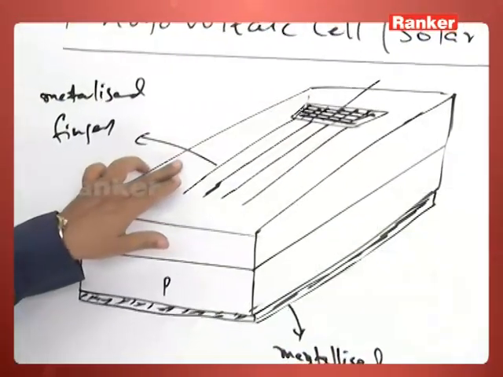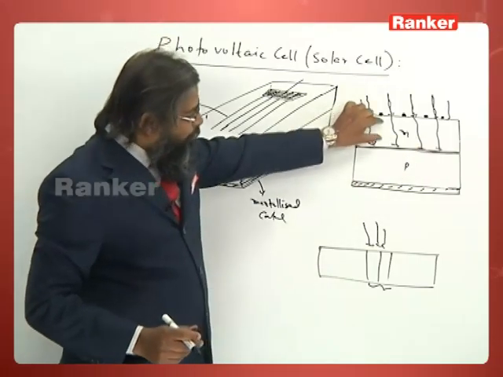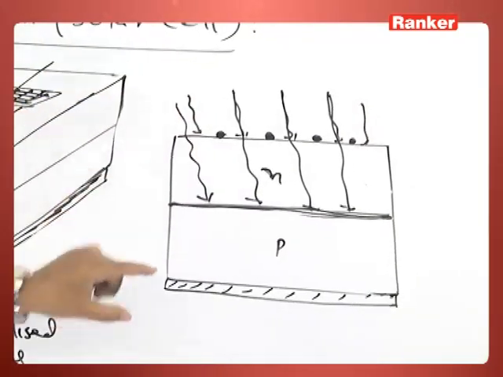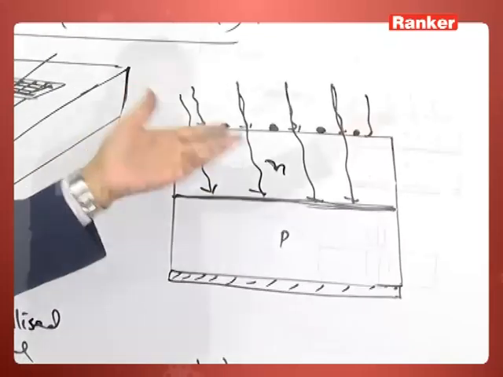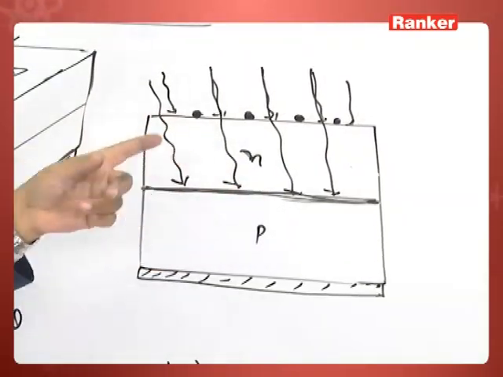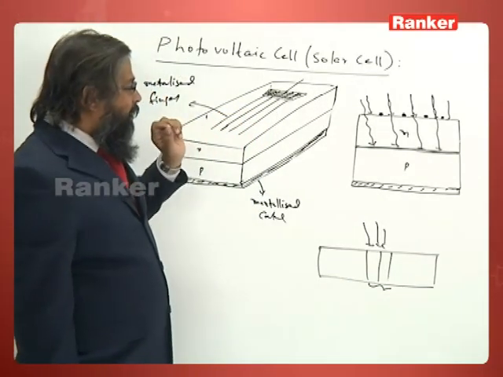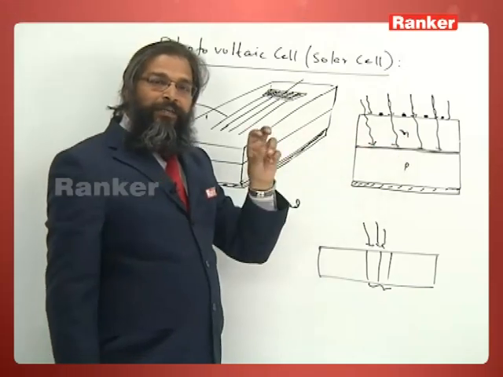So, here we have to keep in mind while designing this material that N should first of all be an N-type semiconductor, and it should be a transparent medium because the light has to come through. That is why the choice of N has a very limited range.